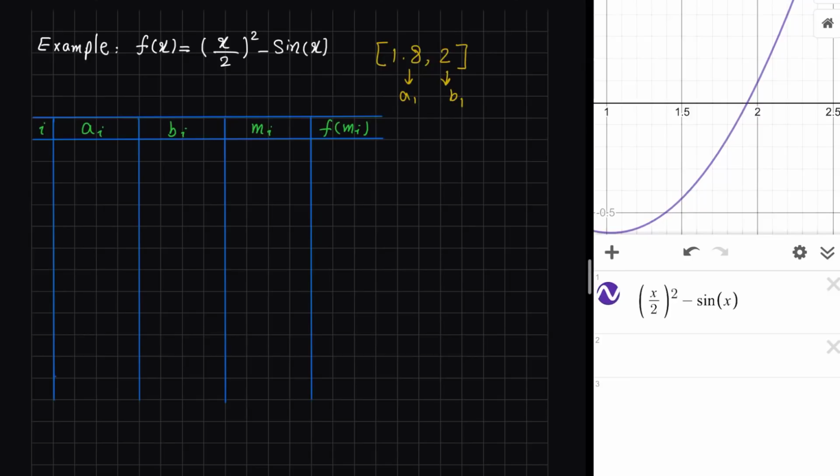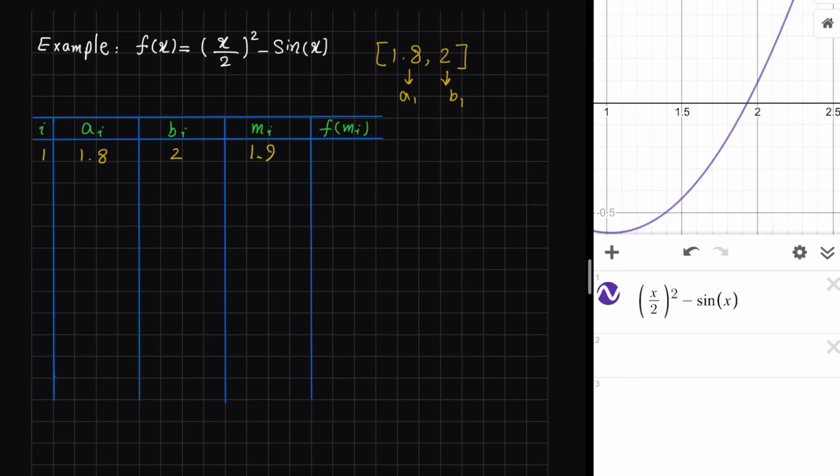So for the first iteration we have 1.8 and also we have 2. The midpoint of this interval is 1.9, which is the average of these two values. So we want to decide on the sign of this function at 1.9.